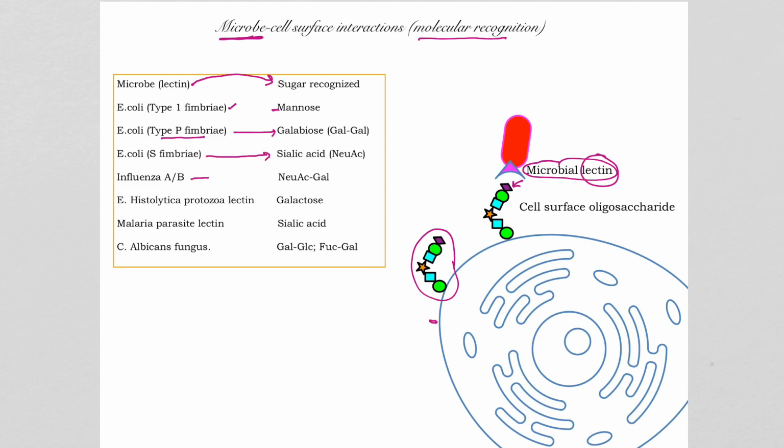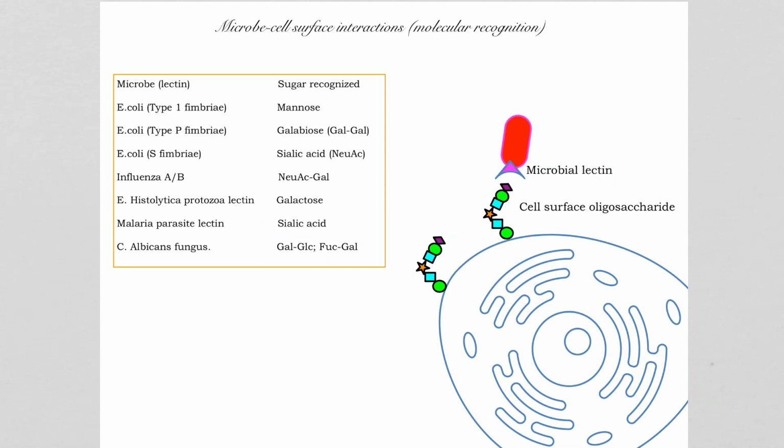The influenza recognizing this carbohydrate, certain protozoa recognizing galactose carbohydrate, malaria recognizing sialic acid, the fungus Candida albicans recognizing this carbohydrate. So this molecular recognition is very important.